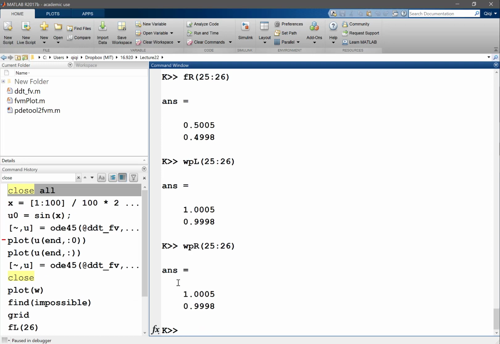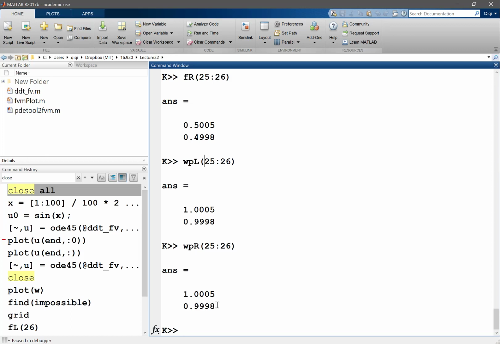So the first thing we notice is that both the left and right values of the cell are actually the same, right? So on interface 25, so basically WPL and WPR are indexed by the interface, right? So on 25, both left and right values are consistent, slightly higher than 1, and on the right, the value is also consistent, slightly lower than 1.